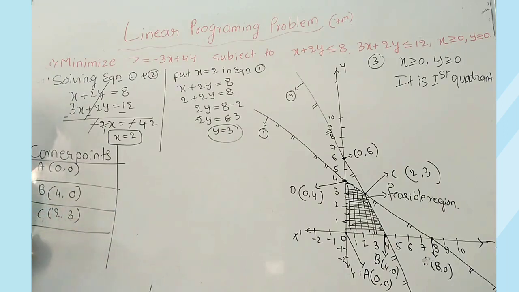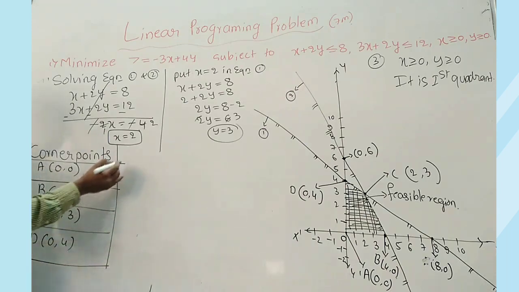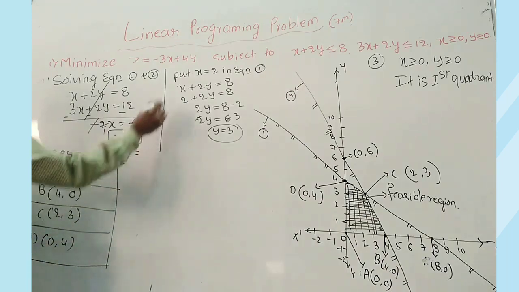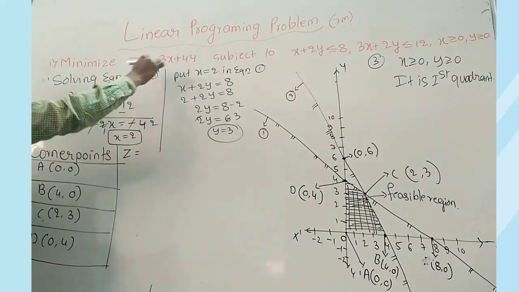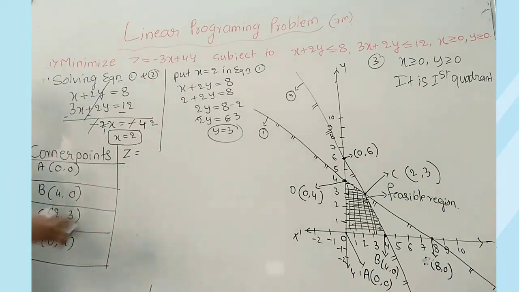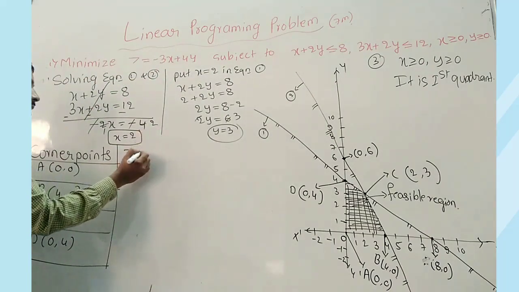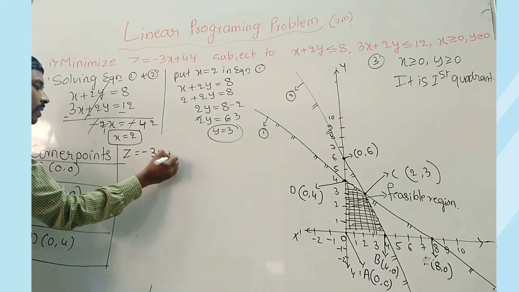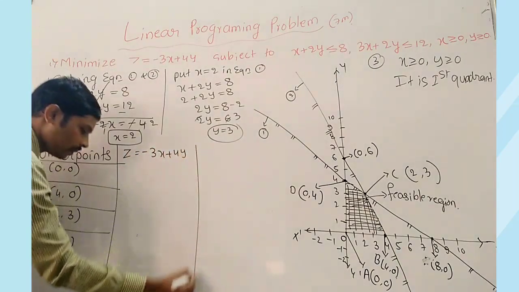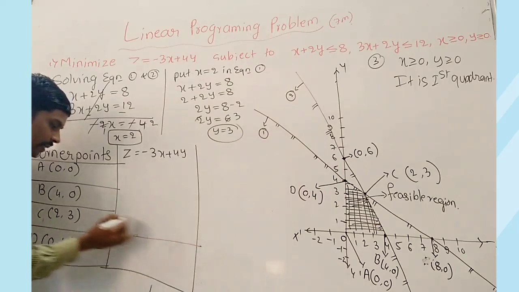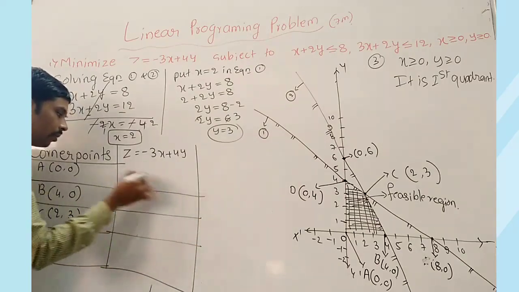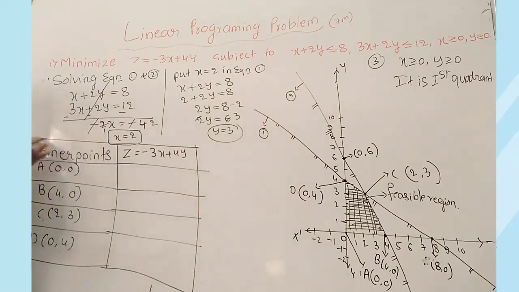The last one is D 0, 4. Now we will consider the function I mentioned. Z equals minus 3x plus 4y. Now the task is very simple.